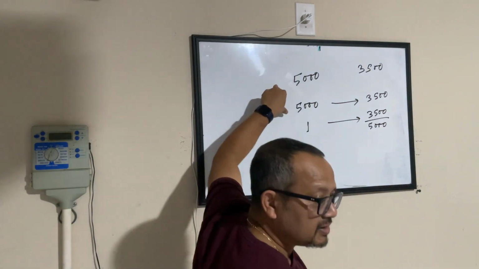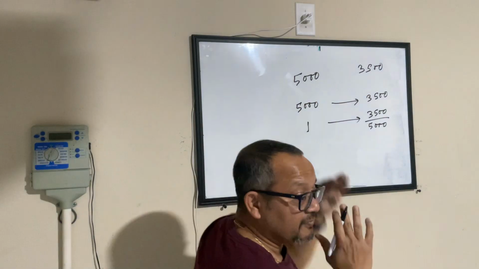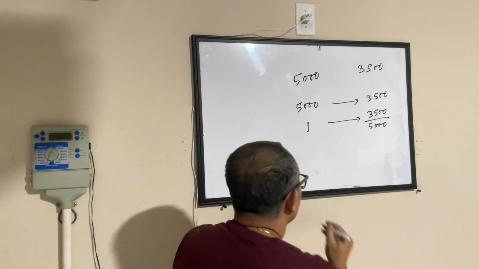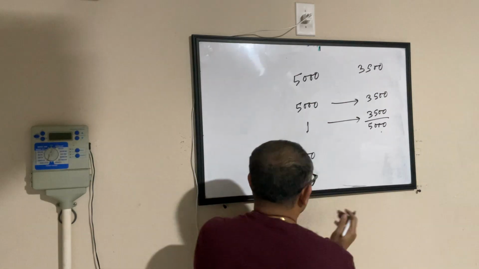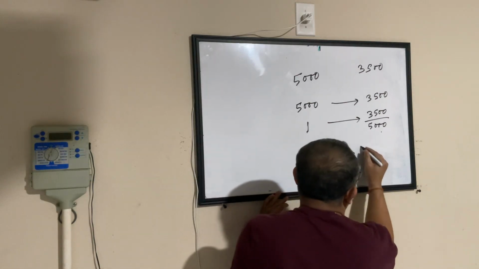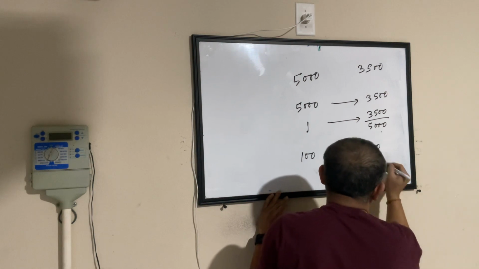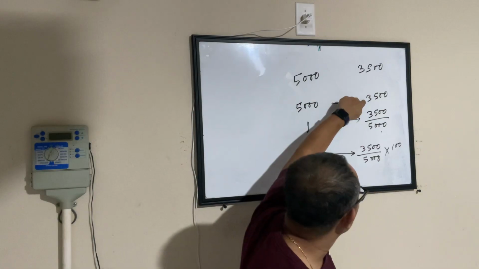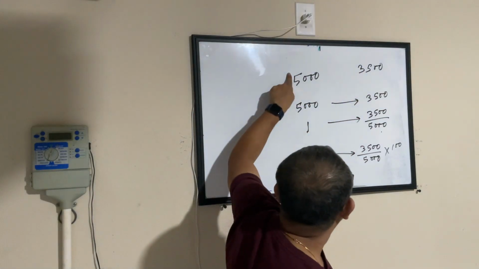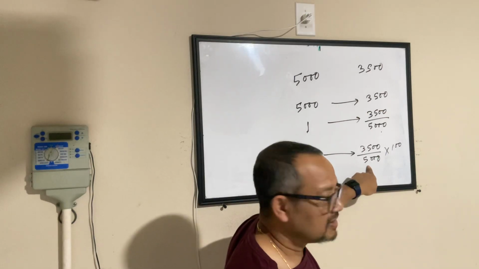Now we are trying to find the percentage, meaning we are trying to find it against 100. So for 1 I got this much. If I was supposed to get 100, how much would I have got? This much, so times 100. Whatever is the value for 1, times 100. So this number is what percentage of this number, times 100.